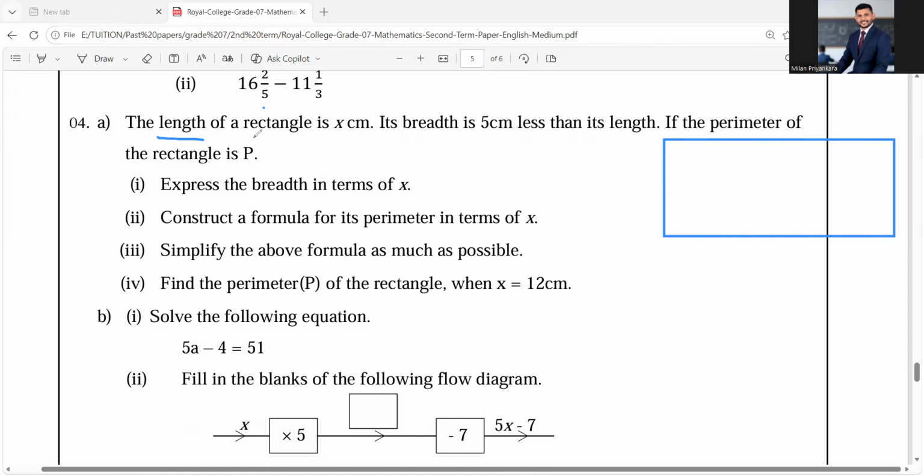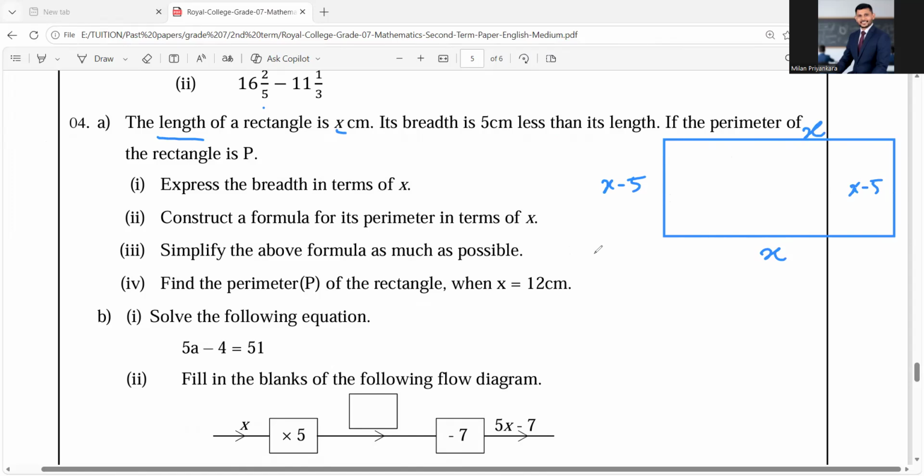The length is x. Now this is x and this is also x. Breadth is 5 centimeters less than length. That means x minus 5. And this is also x minus 5. Right, and the perimeter is P.